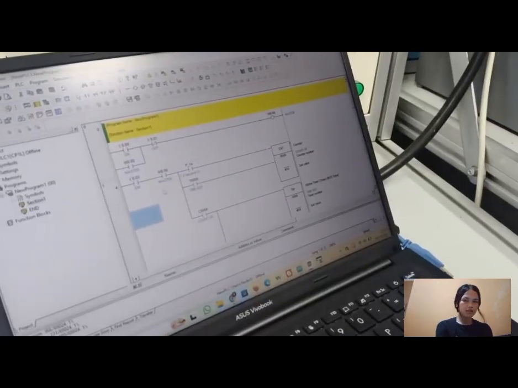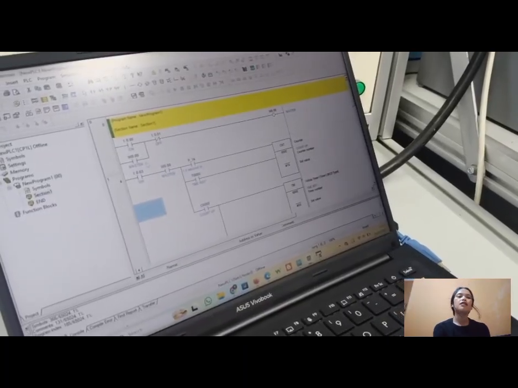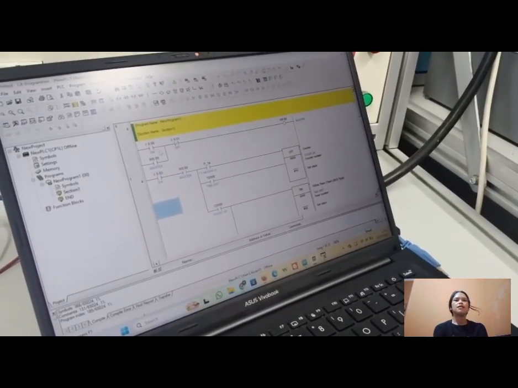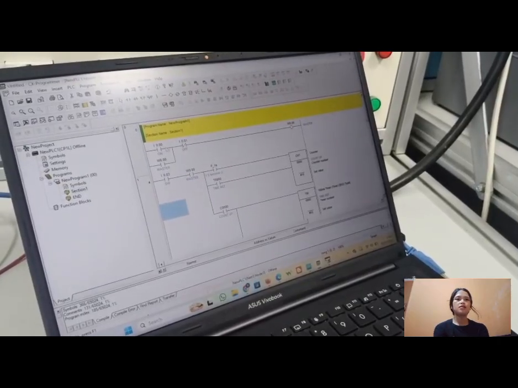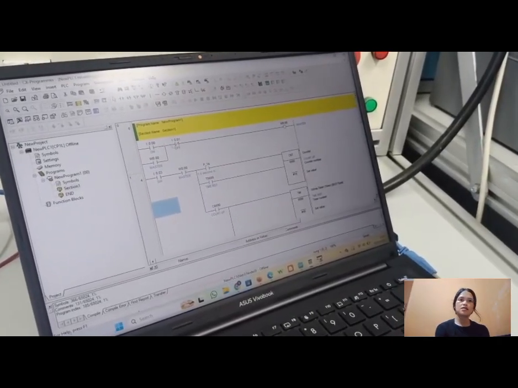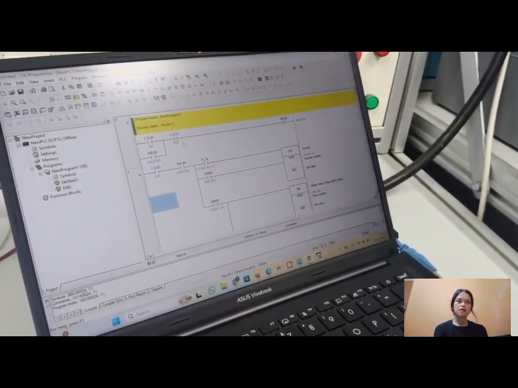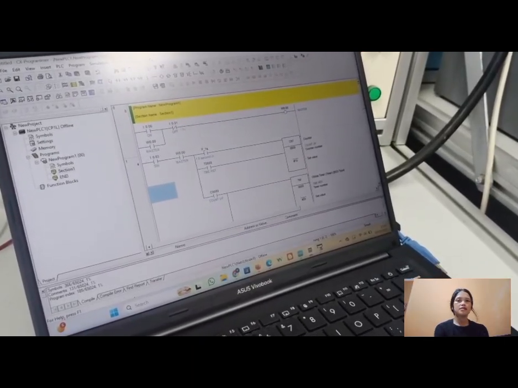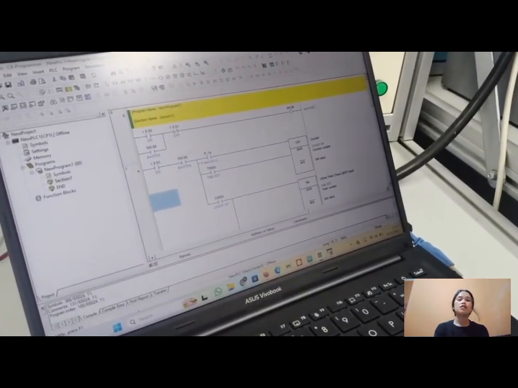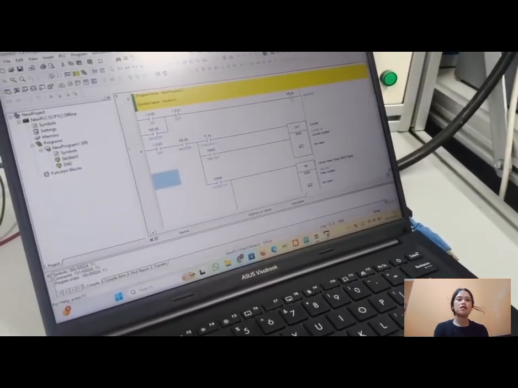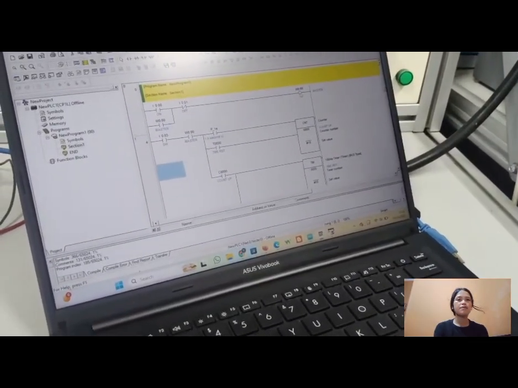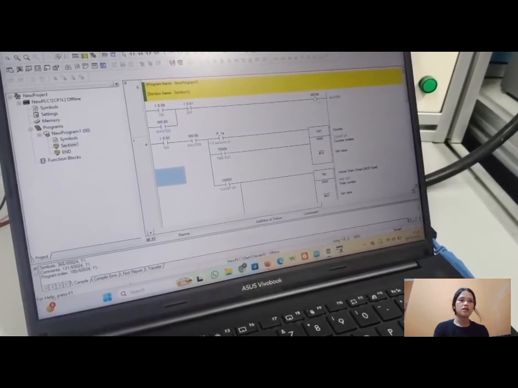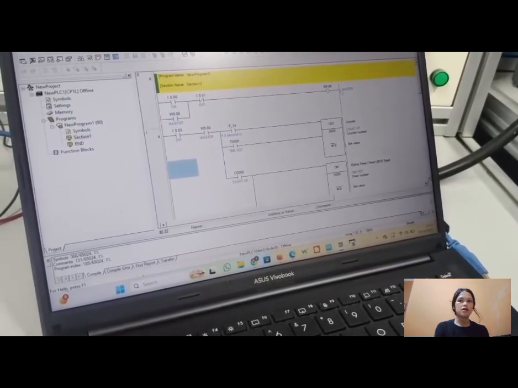The working process of the counter begins when an input device such as a push button or proximity sensor sends a pulse to the PLC. This pulse causes the CNT instruction to increase its current value, CV, by 1.